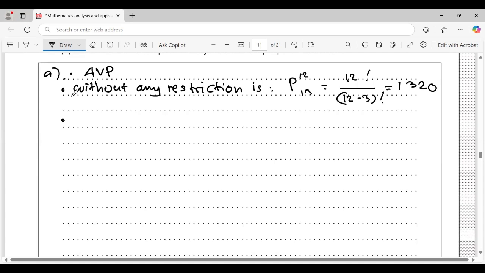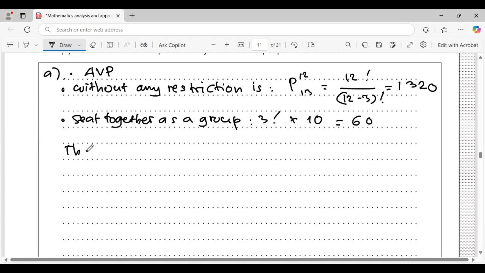Next, the number of ways to arrange Anfi, Fanya, and Parita sitting together as a group is 3 factorial multiplied by 10, and the result is 60.